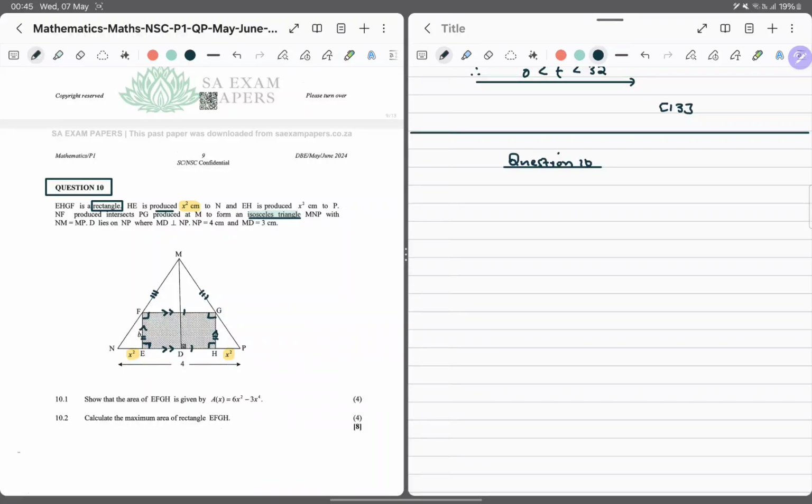This is very technical indeed. So this becomes the perpendicular bisector of NP, such that ND is going to be half of the entire length. The entire length is 4, so this is going to be 2. And the same will apply here. It's going to be 2.